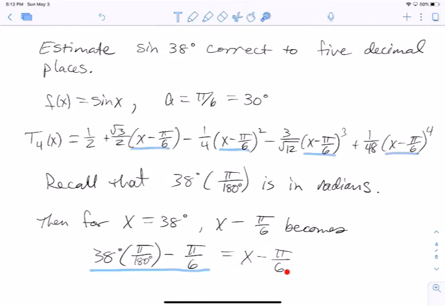And since that equals x minus pi over 6, that expression will replace x minus pi over 6 in T sub 4. But it's also worth thinking about, is T sub 4 the correct polynomial?